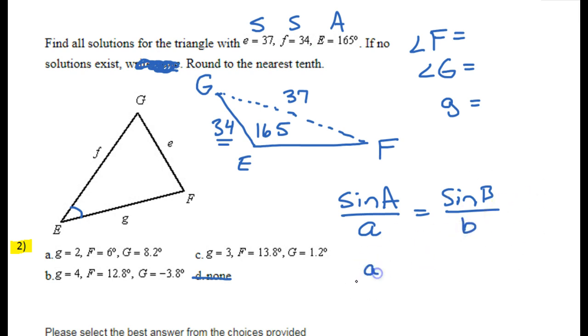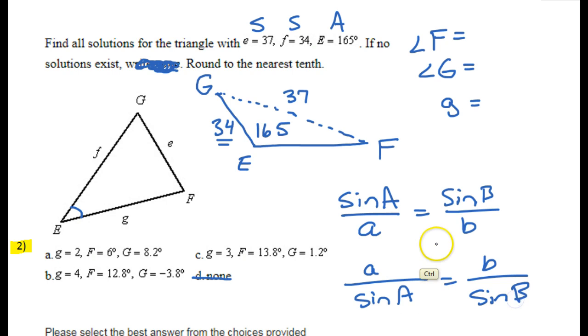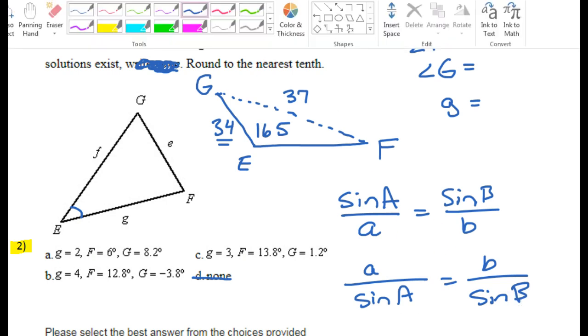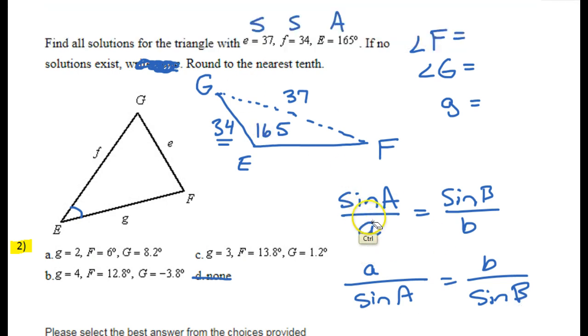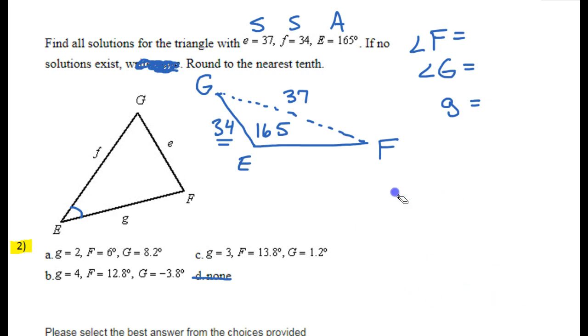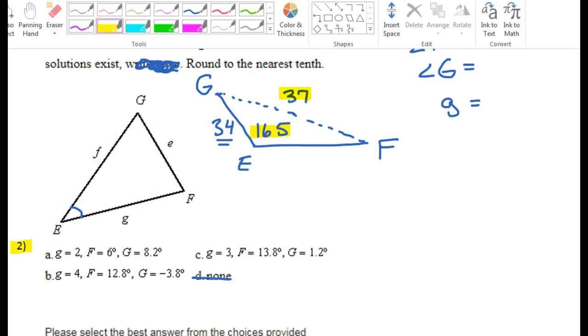It can also be written upside down: A over sine A is equal to B over sine B. It's all about angles and sides being paired up. The key is to pick an angle and a side that you know both of. We know this angle and this side that are across from each other, so that's the pair we're going to pick.